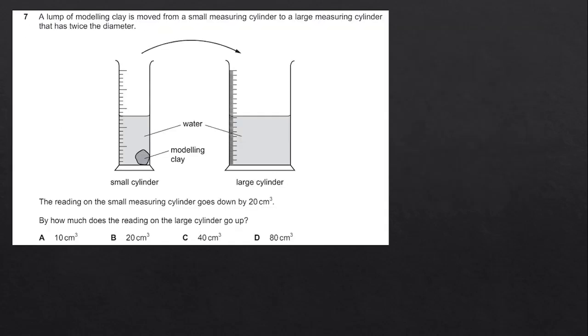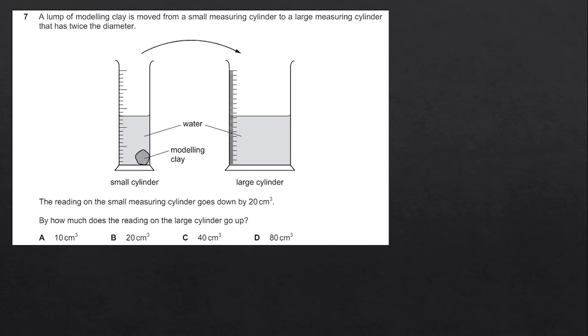Let's read the next question. A lump of modeling clay is moved from a small measuring cylinder to a large measuring cylinder that has twice the diameter. The reading on the small measuring cylinder goes down by 20 cm cube. How much does the reading on the large cylinder go up? Now, one thing we have to keep in mind is that the volume displaced in the measuring beaker will be the same as the volume of the object which is completely immersed in the beaker.